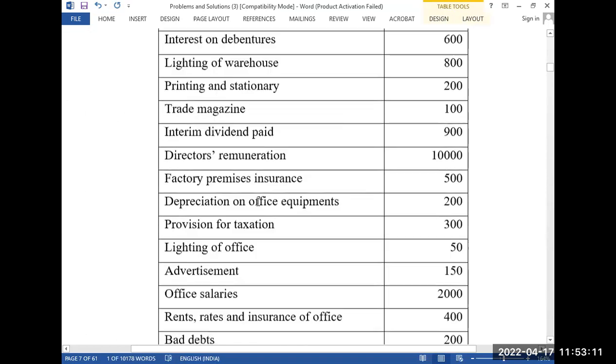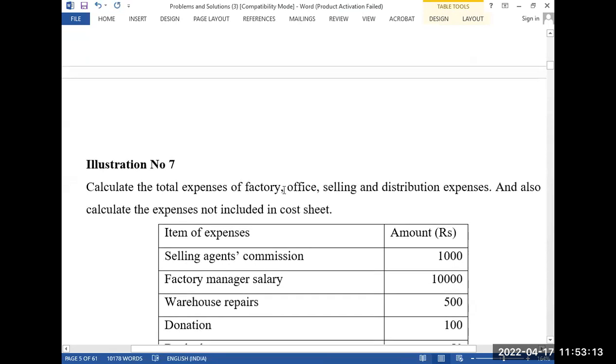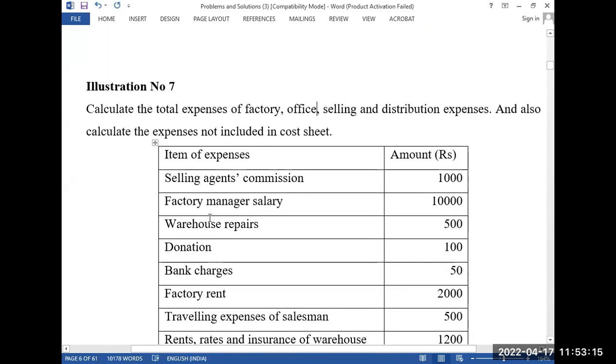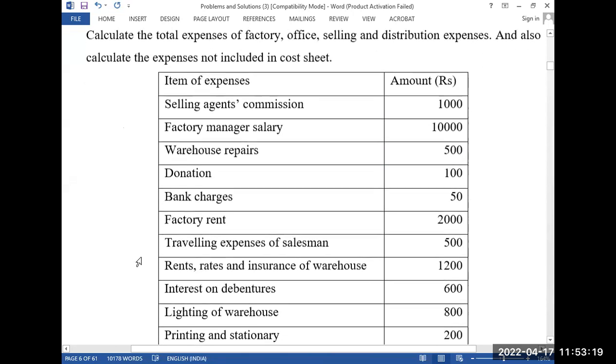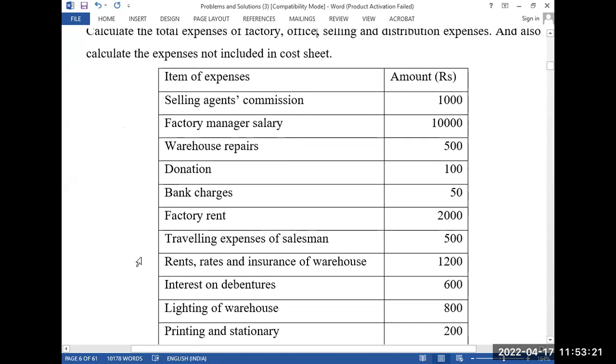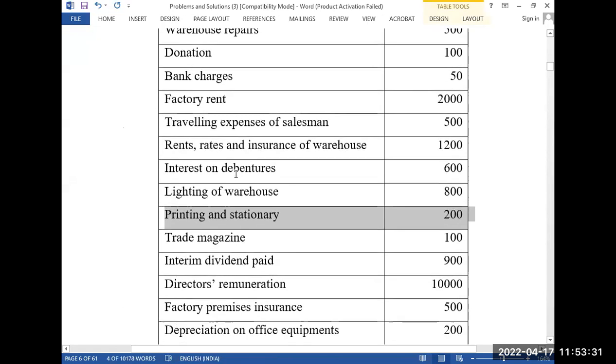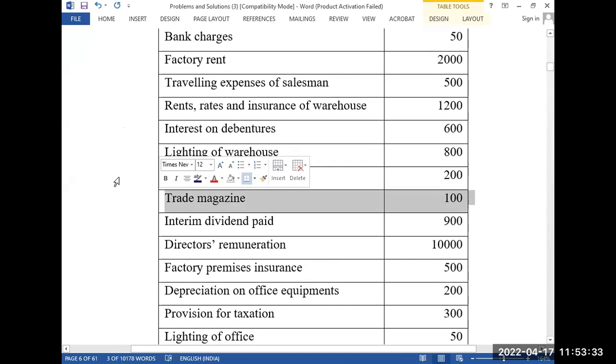Okay. Next item is office overheads. Look at these office overheads. Printing and stationery. Trade magazine. Director remuneration.